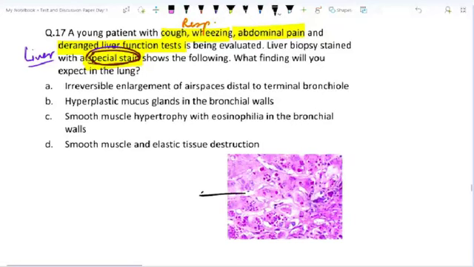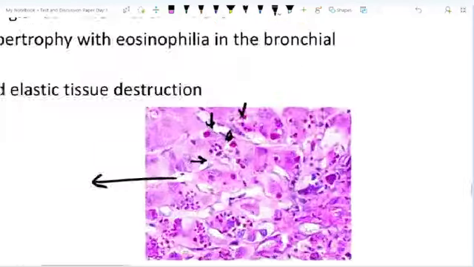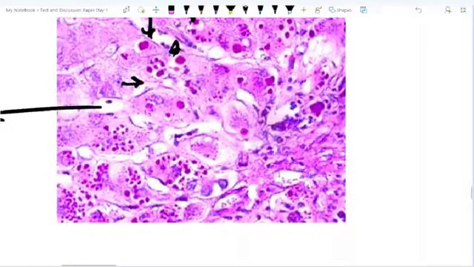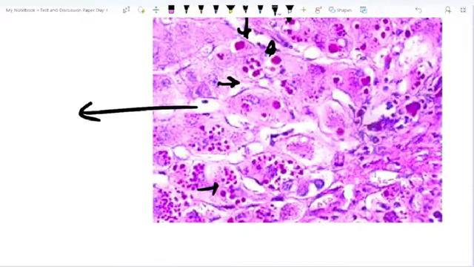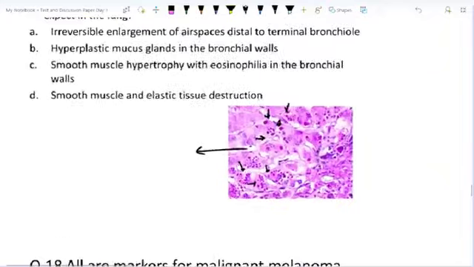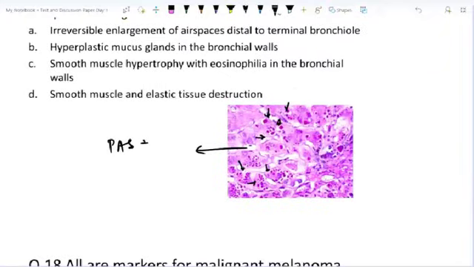So in this special stain, do you see these magenta colored inclusions within the hepatocytes? Can you see it's full? It is completely full. So all these magenta colored inclusions are PAS positive granules, and this is actually a case of alpha-1 antitrypsin deficiency.